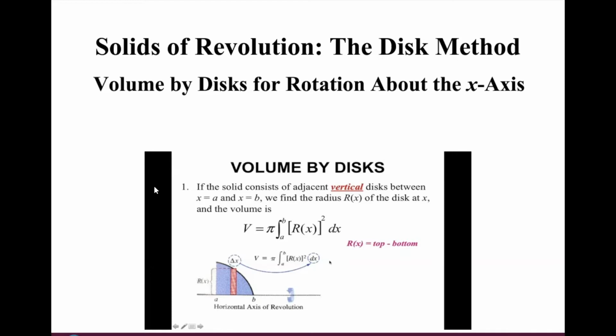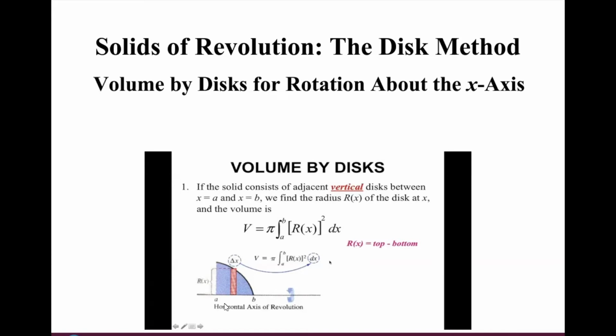All right, and while we're here, I'll explain this formula to you. This is an image that I found on Google, so thanks to whoever created this. We have this curve here, and I'm going to call this curve R of x, R for radius.